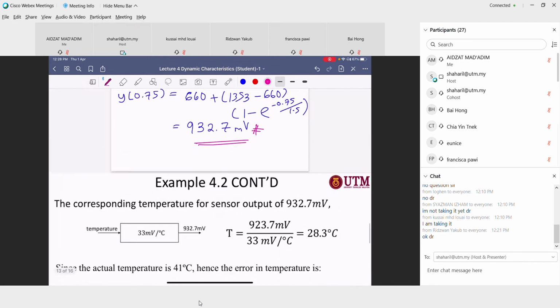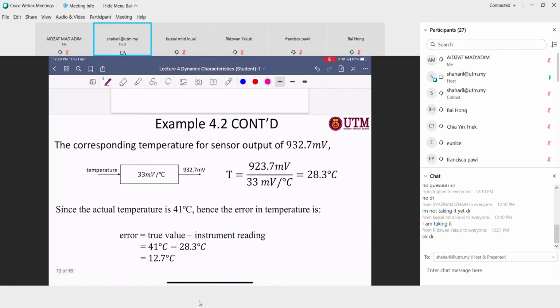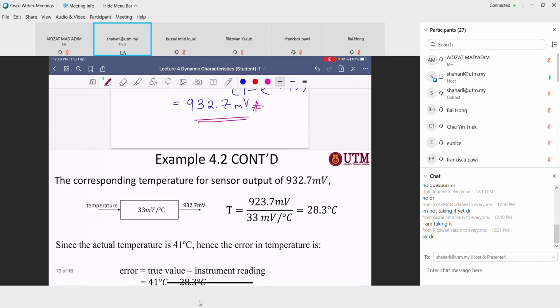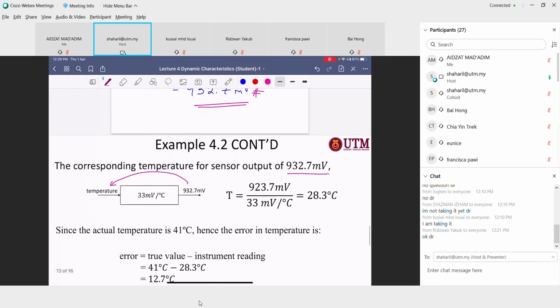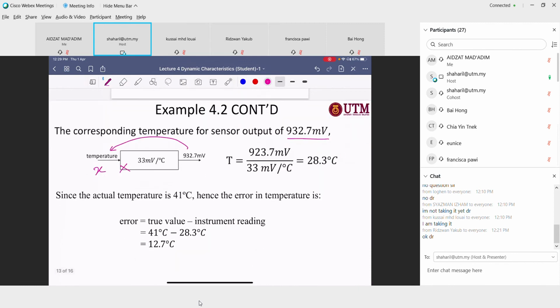Okay, and yep, this one. We got it. This value is 982.7 millivolt, and then what is the temperature? So you can get it back. So X you times with this one, and then you can get the temperature here.